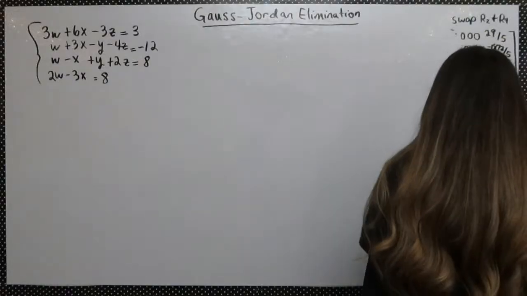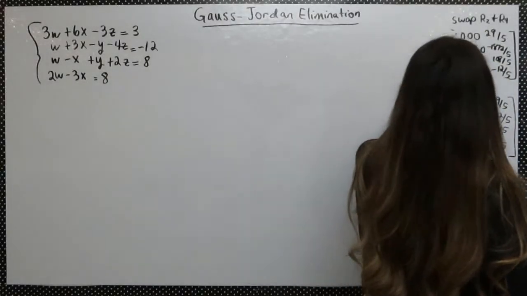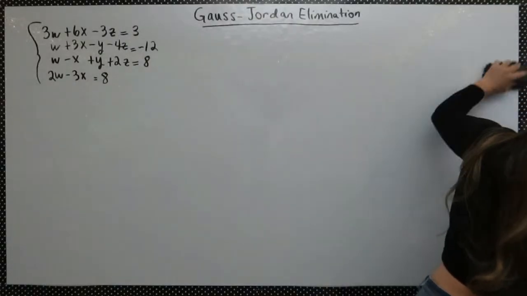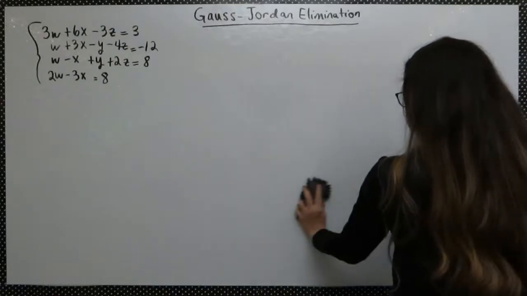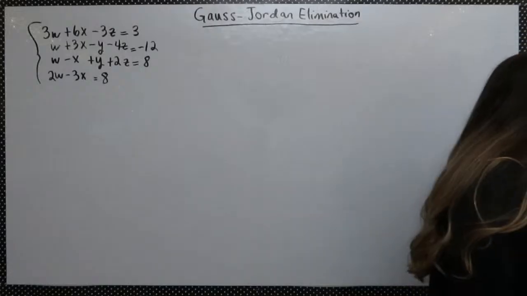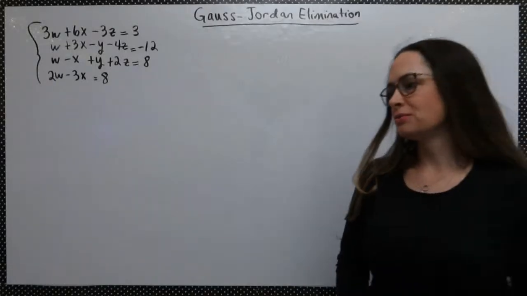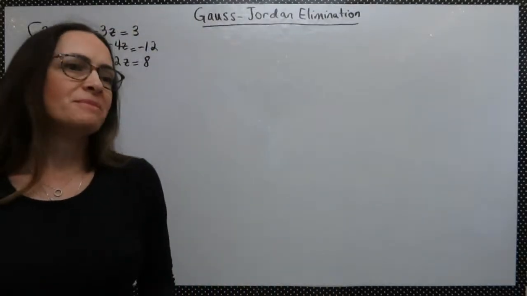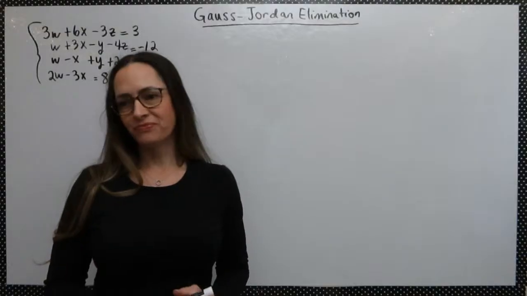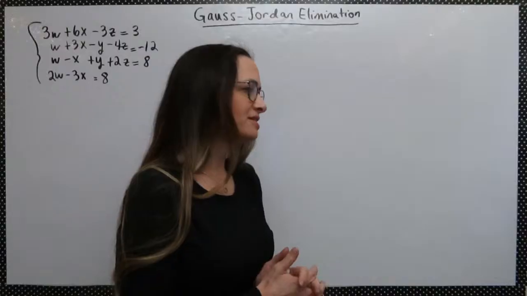I'm torn between trying the Gauss-Jordan method or trying to calculate the determinant. I think I'm just going to try Gauss-Jordan one more time here. And if I'm not able to solve this through Gauss-Jordan, I'm going to spend the weekend trying to figure out how to do the method of using the inverse, the method that I did before this one.